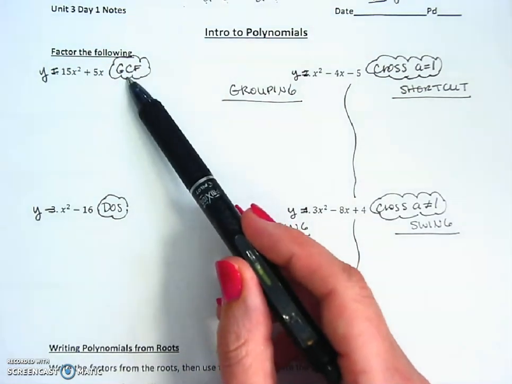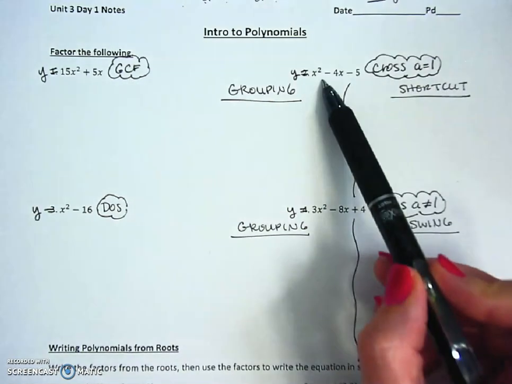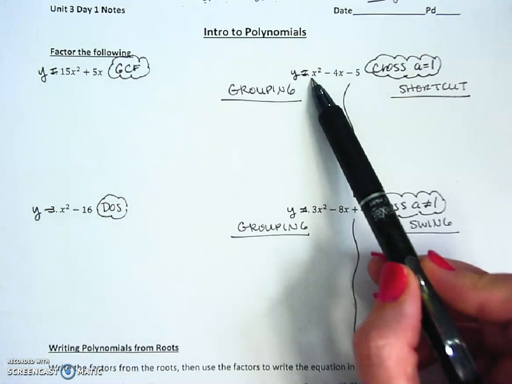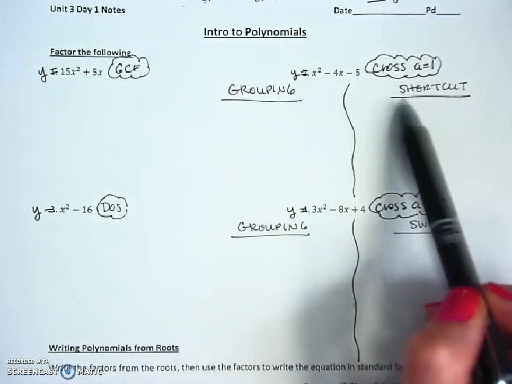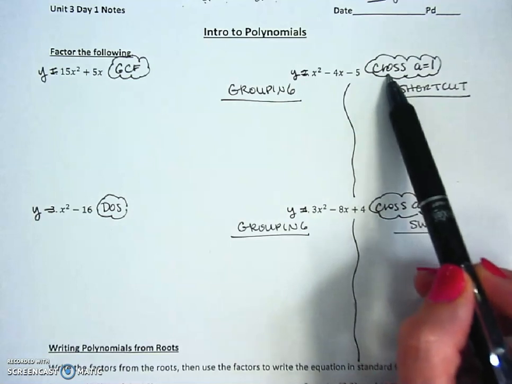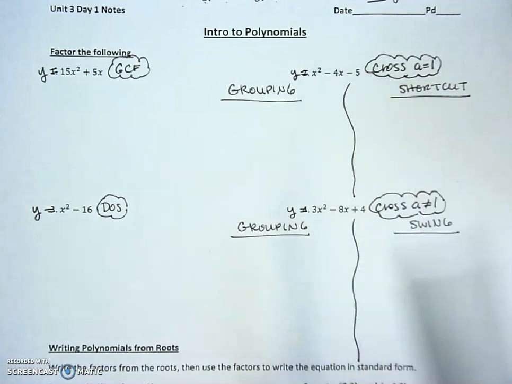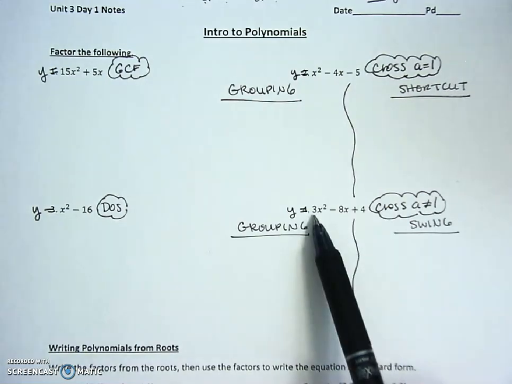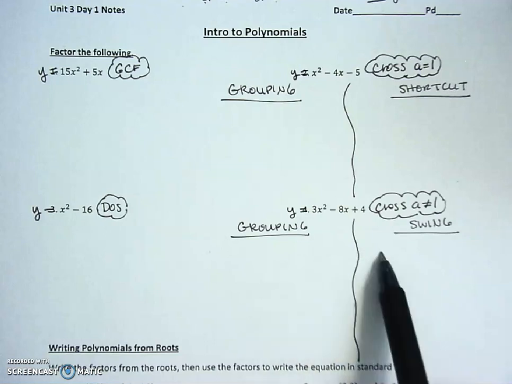GCF is greatest common factor. This problem is a trinomial with an a value of 1, which we're going to talk about two different ways you can do. I'm going to call this the cross method, which you'll see why. And then this one is a trinomial with an a factor that is not 1, which we're going to do two different ways as well.